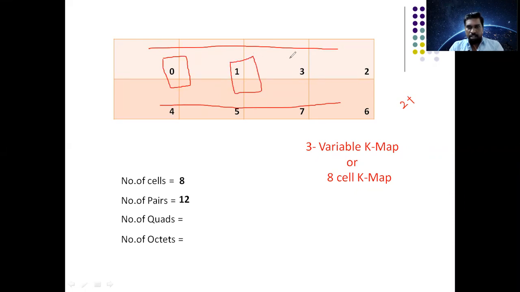It is one quad. 3, 7, 6, 2. It is one quad. Total you will have 3 internally. Next, by folding property, 2, 6 and 0, 4 can act as one quad. So plus 1. So when you add this, you will get 6 as the answer. So totally you will get 6 types of quads in the 3 variable K-map.